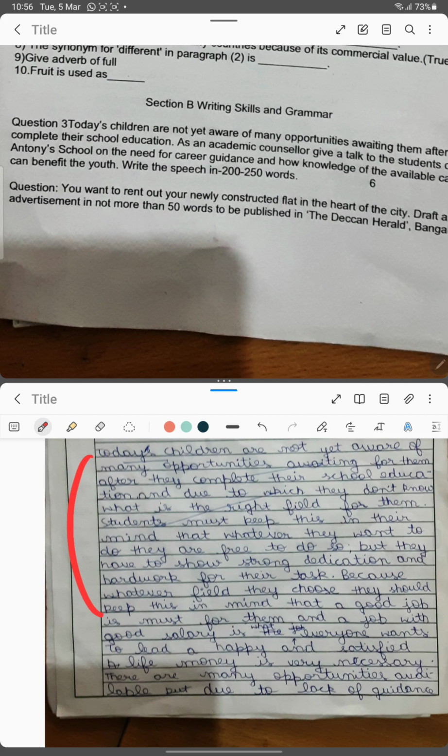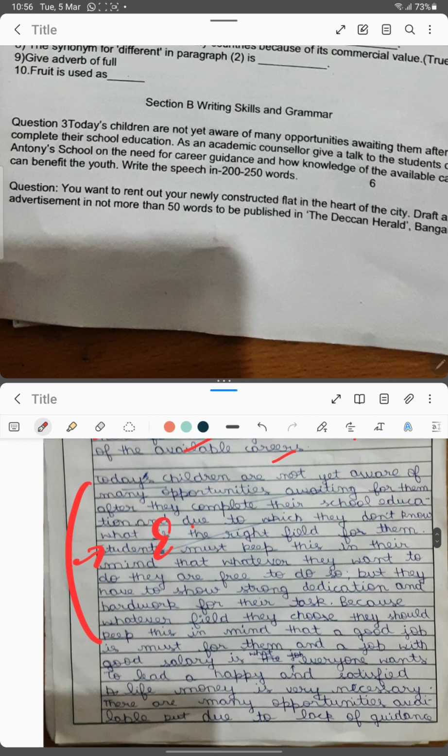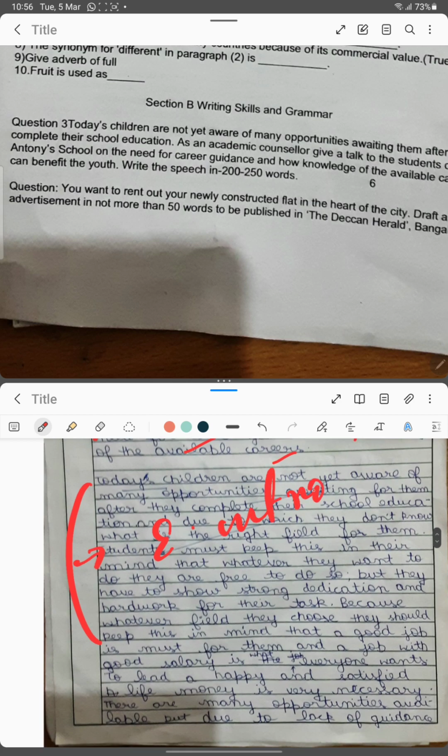In the second paragraph, you have to introduce your topic first. A proper introduction of the topic is being given here. Today's children are not aware of many opportunities awaiting them after they complete their schooling. They are unaware of what to do and where to go.